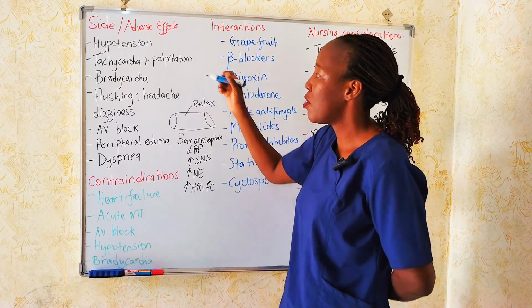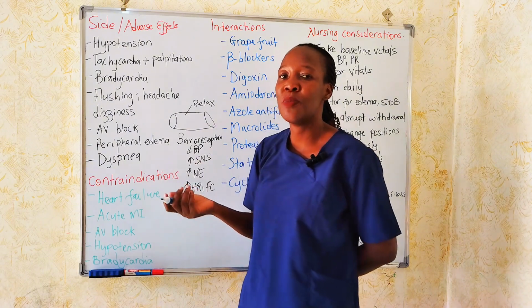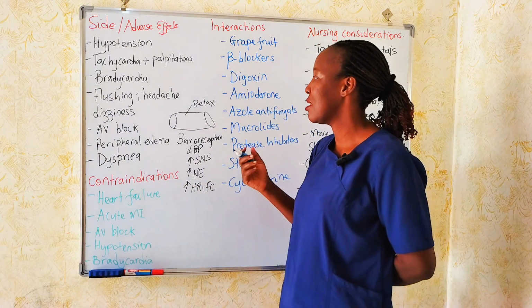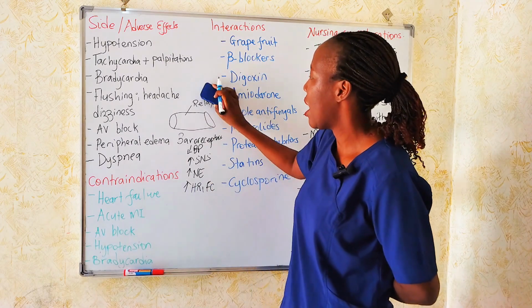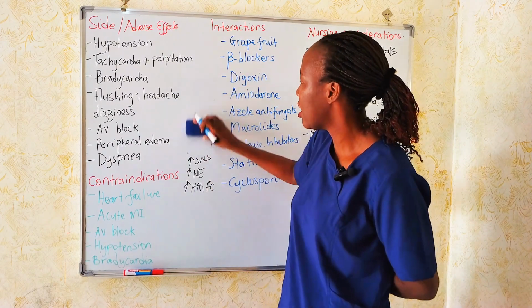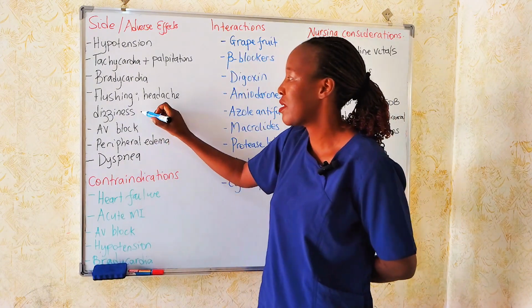Then calcium channel blockers will also slow down the heart rate, especially the non-dipines, verapamil and diltiazem. Then because of their vasodilating effects, we are as well going to see flushing. Patients will complain about headache and of course dizziness.